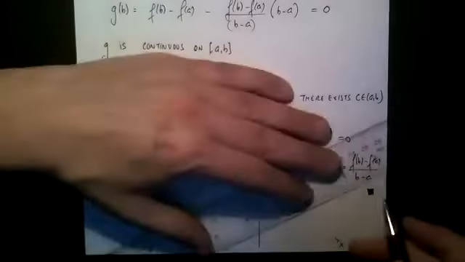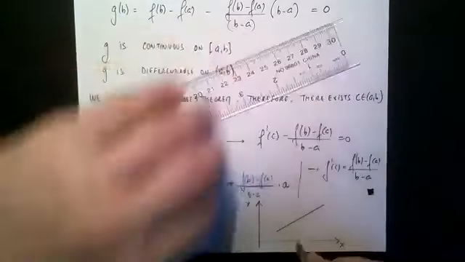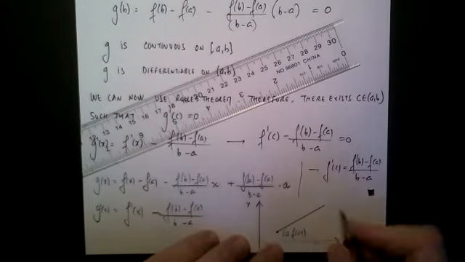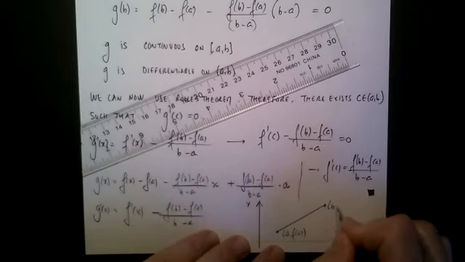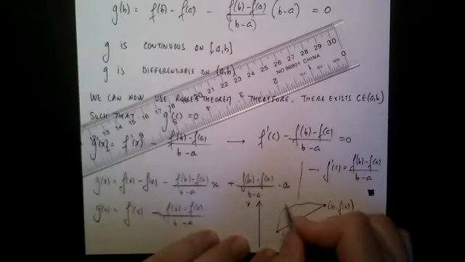So this point here is A, f of A. This point here is B, f of B. And this curve here is f of x.